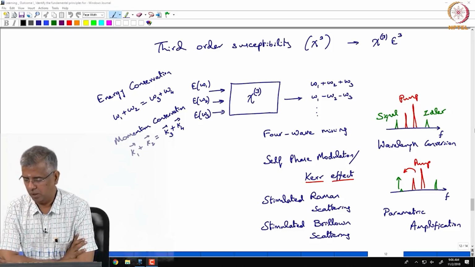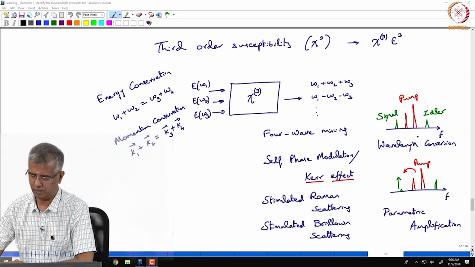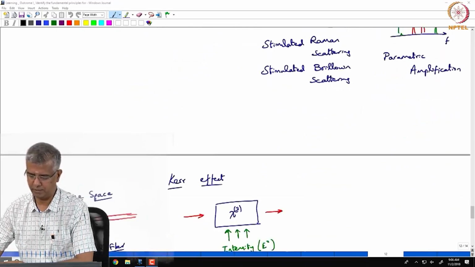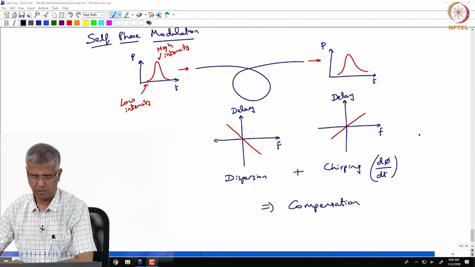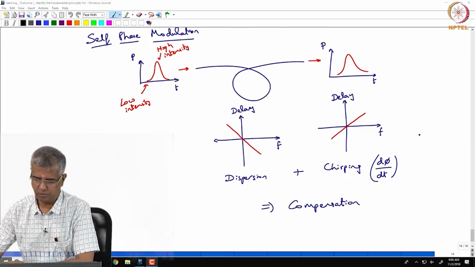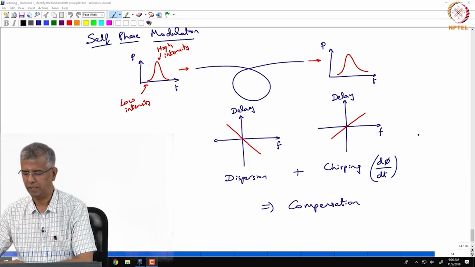So we were talking about four-wave mixing. We were talking about self-phase modulation through the nonlinear Kerr effect, and we stopped at this point where we were talking about self-phase modulation in a long length of fiber.